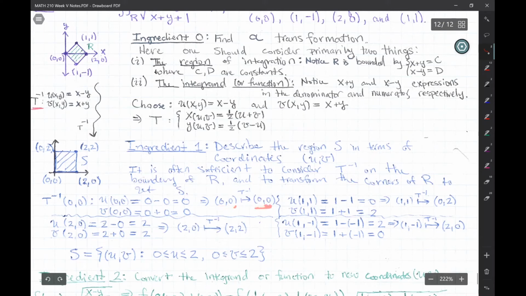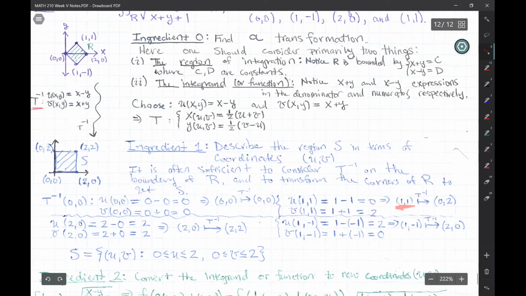Now let's do the same thing with this other corner, 1, 1. u of 1, 1 is, again, just x minus y, 1 minus 1, and we get 0. Doing the same thing with v, the inverse transformation has v as x plus y, so we get 1 plus 1, 2. So where does the inverse transformation map the point 1, 1 in the xy plane?